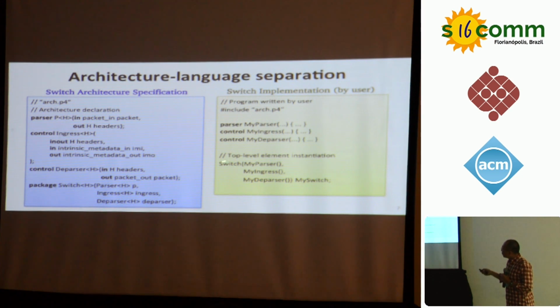And then she can finally instantiate a switch of this type by using this. That way, the language remains stable and can be useful for many different architectures. Some architectures may have multiple parsers and multiple match action pipelines. Doesn't matter, you can still describe that architecture.